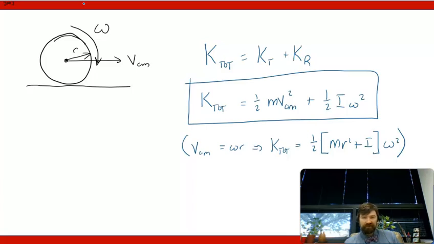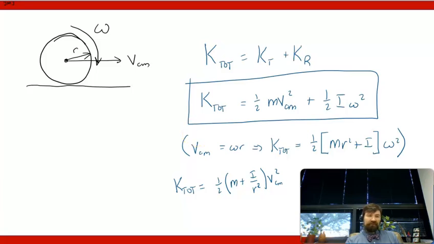So you could also write K total is equal to 1/2 times m plus I over r squared times v center of mass squared. That's also valid.